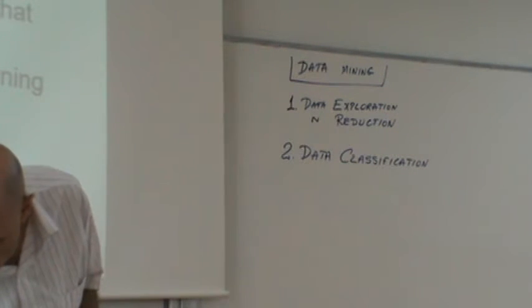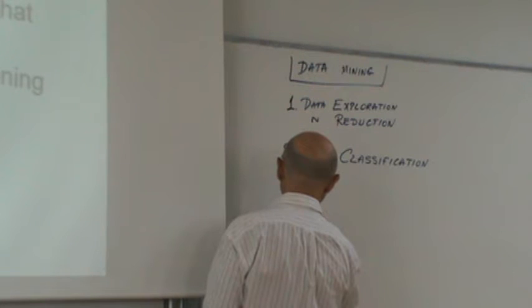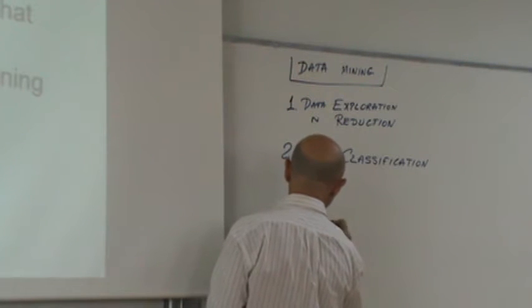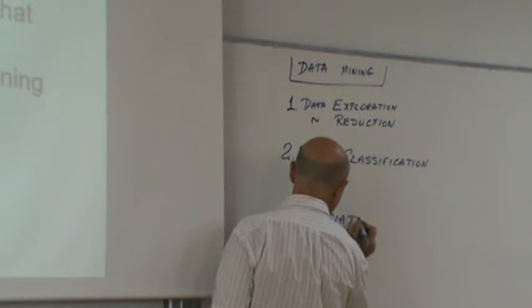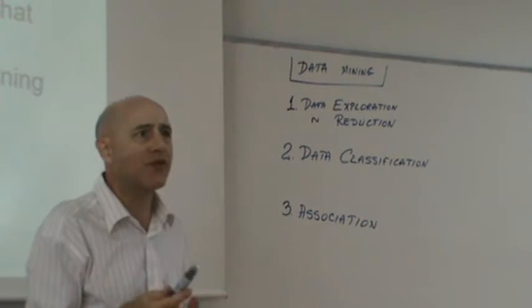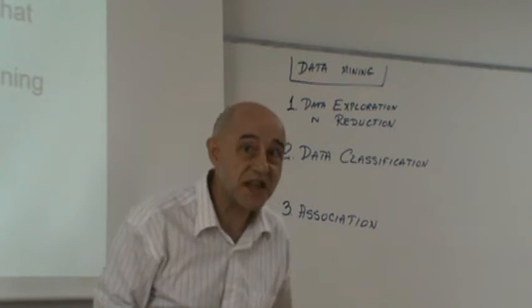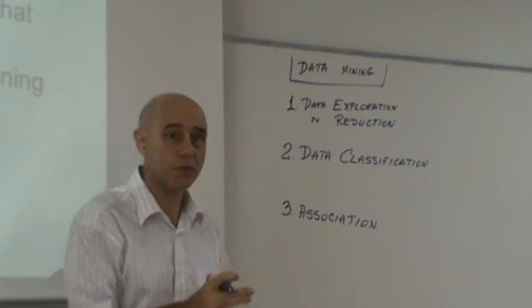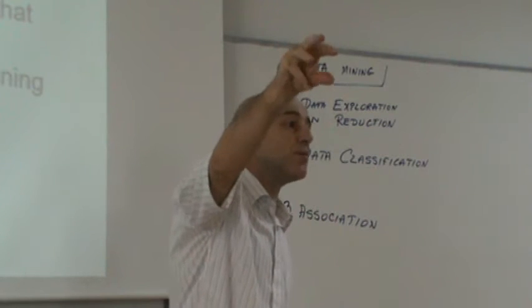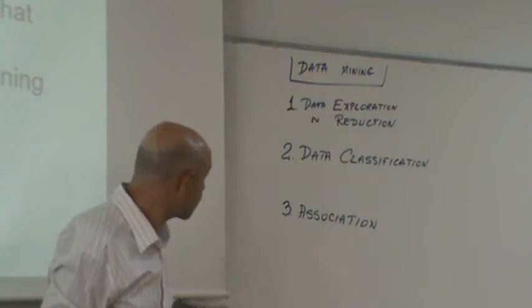The third part is called association. How can we figure out, based on your characteristics, how we're going to form different groups? How we're going to have 3 people being friends here and 6 people being friends over there.